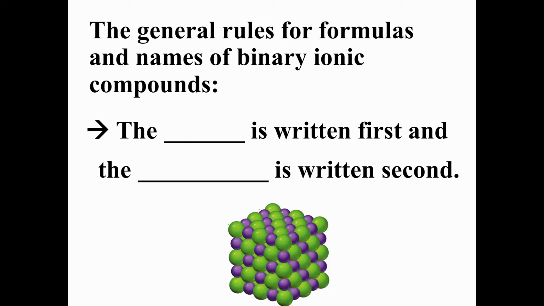And like with covalent compounds, we write one of the elements first and the other second, but in this case the metal is written first and the non-metal second. In covalent compounds we didn't have any metals.